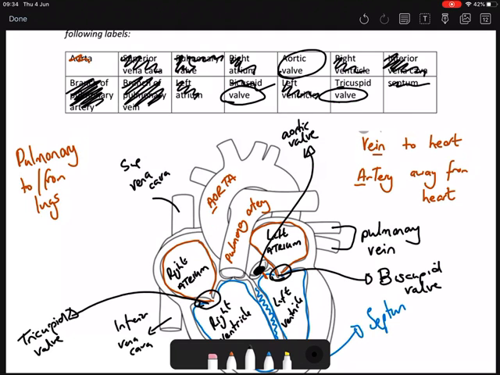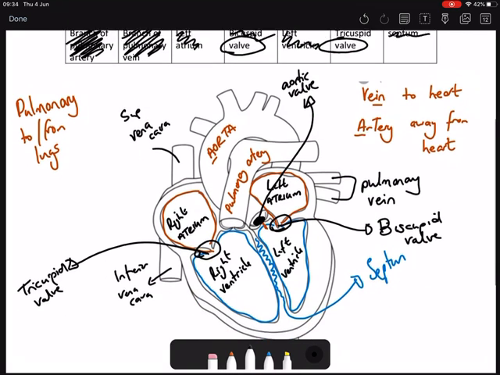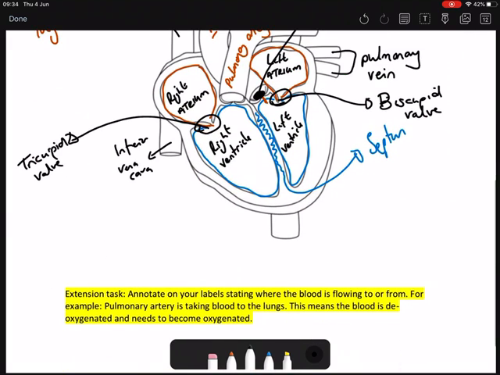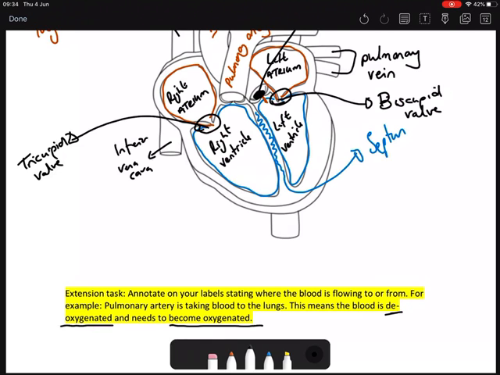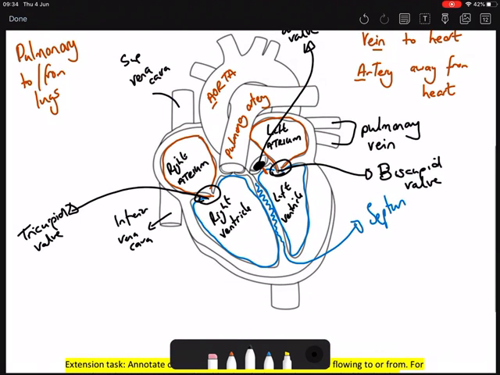So this is the level of labelling that we're doing. As you can see, the extension, things you can add in, is whether it's deoxygenated or oxygenated blood, whether it's come from the lungs or it's going to the lungs, and where all of these veins and arteries are taking it to.